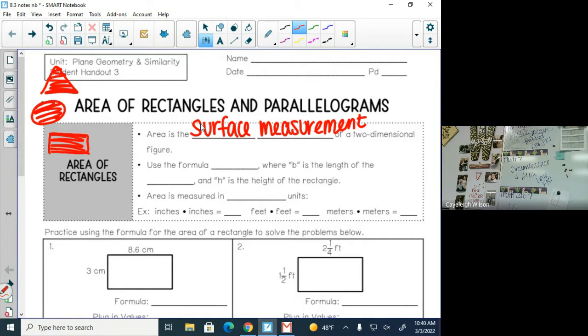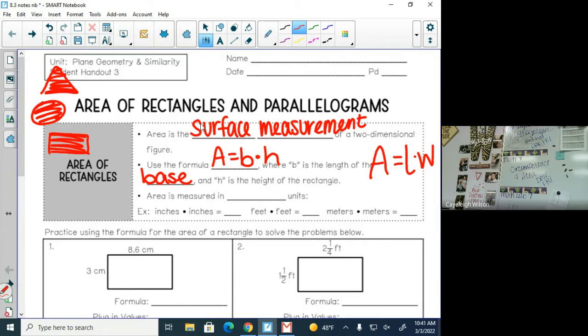They say that area is base times height, where B is the length of the base and H is the length of the height. I was taught that area, and this is another option you can use, is length times width.